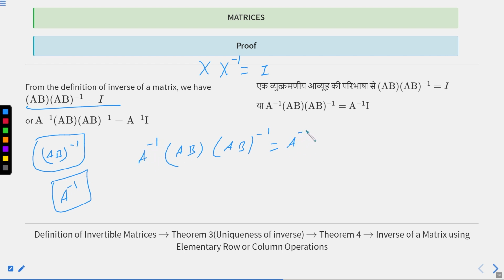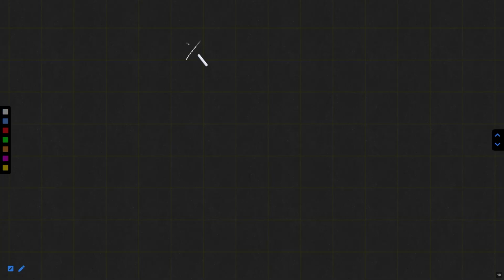In matrices, always keep this point in mind. If you are multiplying things like this, you multiply A inverse here at the left hand side. Please keep this point in mind, that whatever side you choose to multiply here, please do choose the same side over here. So you also have to multiply on the left here.